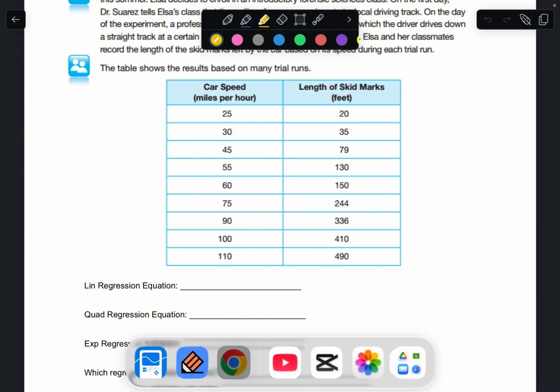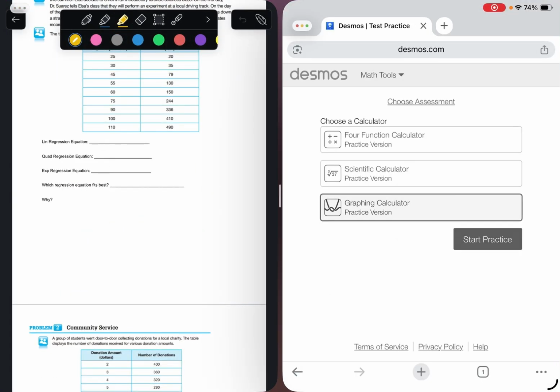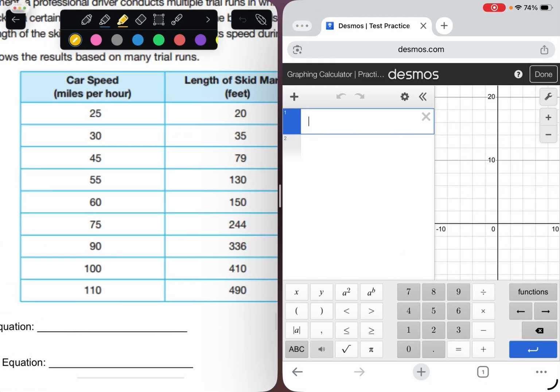Okay, and so going to Desmos, click table, type your x's.